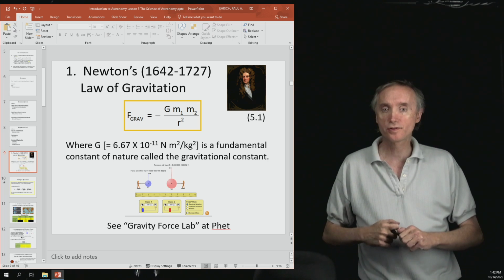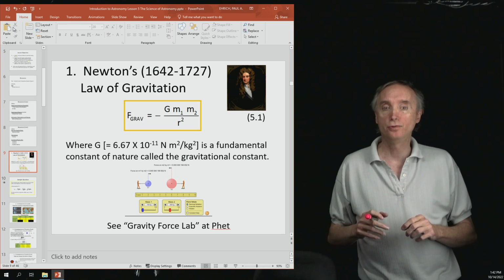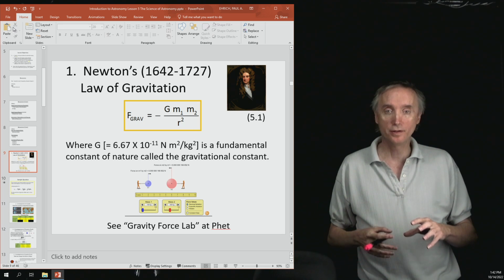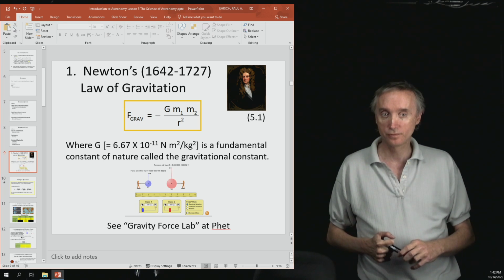All right, so our first little experiment that we're going to do is that I want you to, on a piece of paper, write down what is the current force acting on the two balls. So just jot down on a scratch piece of paper what the current force is.